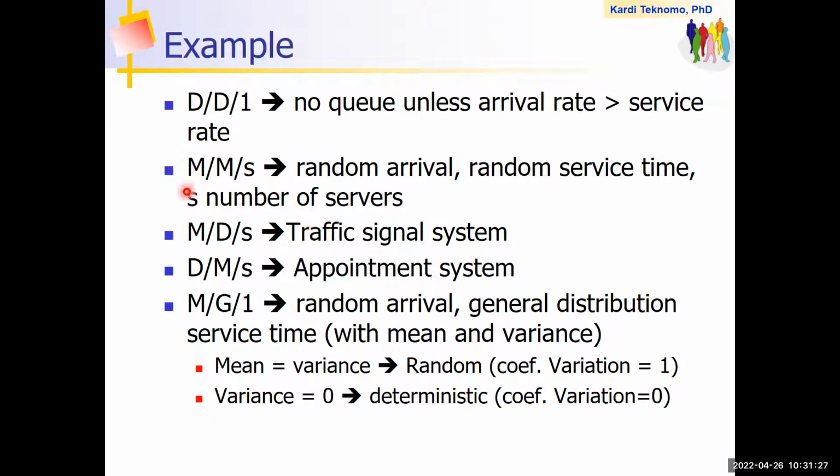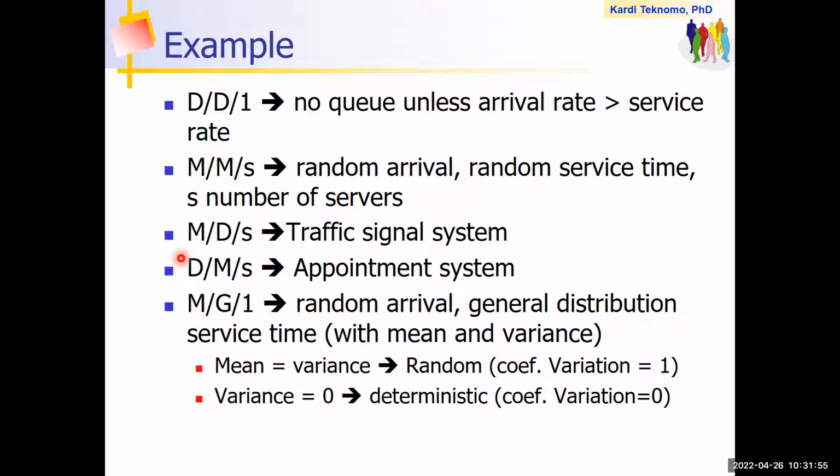So MMS, what is the meaning? Random arrival, random service time, and then the number of servers is S. MDS is an example of a traffic signal. S here is the number of lanes. The doctor appointment system is DMS. The arrival of the customer is based on the appointment, so D, deterministic.